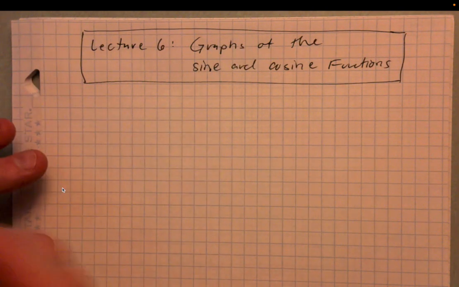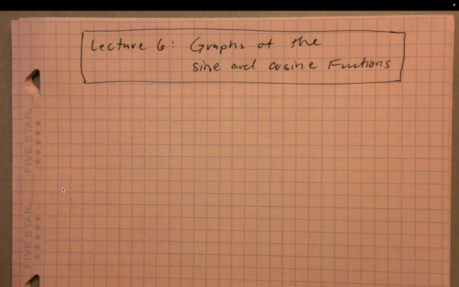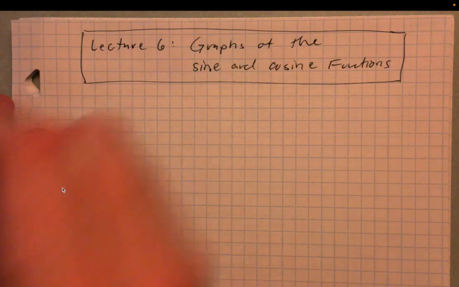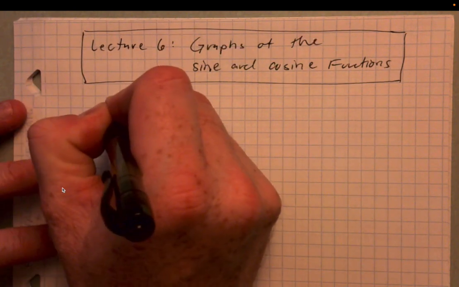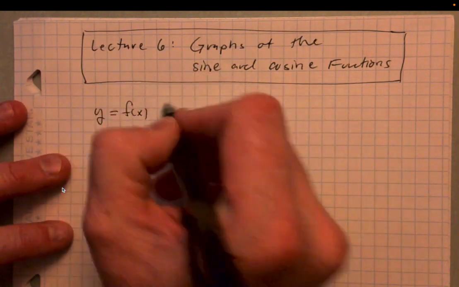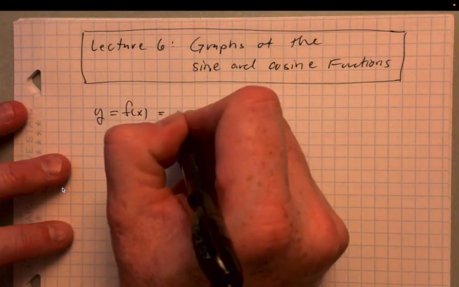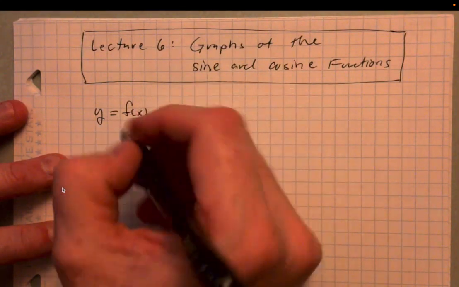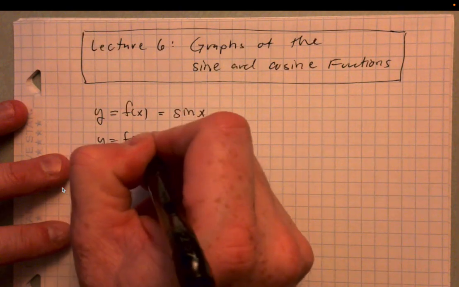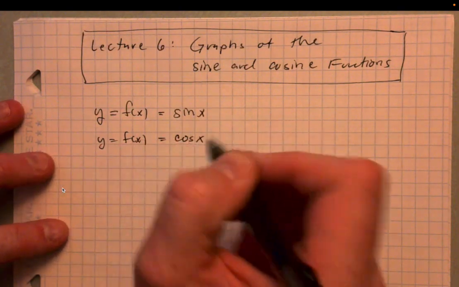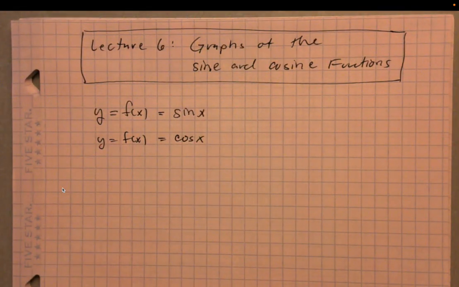And so as a result, we're going to want to switch slightly to the notation that we're used to when graphing things in the xy plane. So we'll be using this notation, y equals f of x, which in this case will be sine of x, or y equals f of x, which is cosine of x. Now this is just a convention. When we're talking about graphs in the xy plane, we want to typically use the variables x and y rather than theta or gamma or phi or something like that.